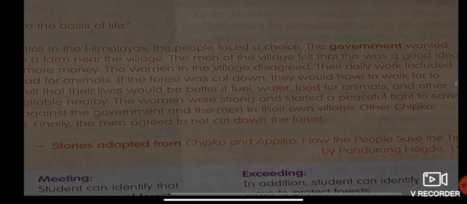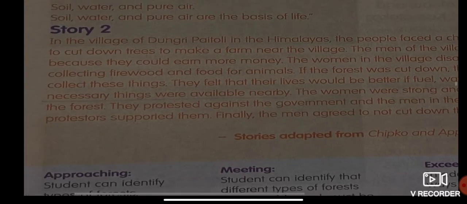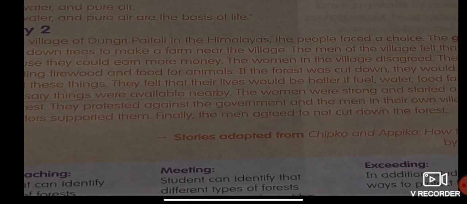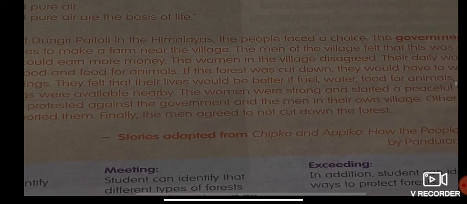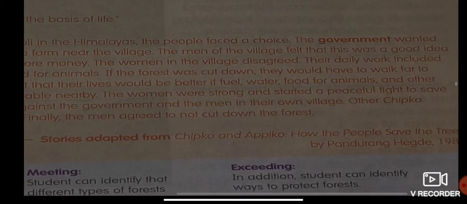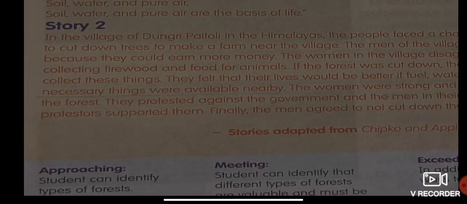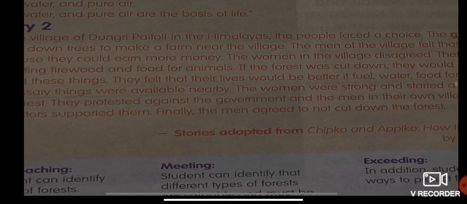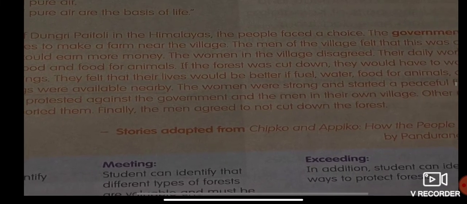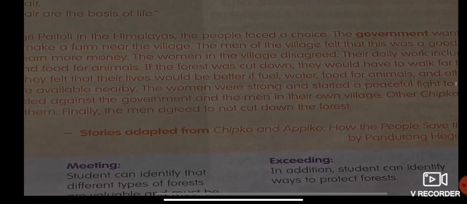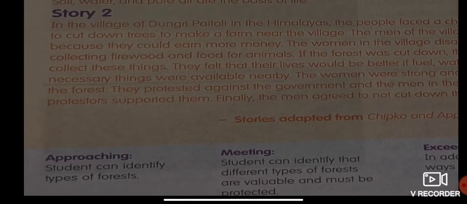Their daily work included collecting firewood and food for animals. If the forest was cut down, they would have to walk far to collect these things.